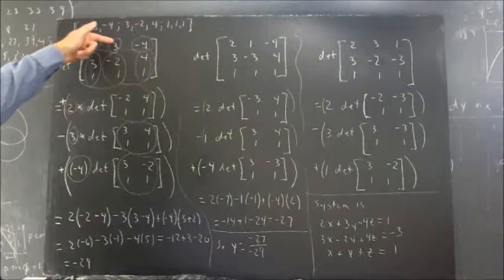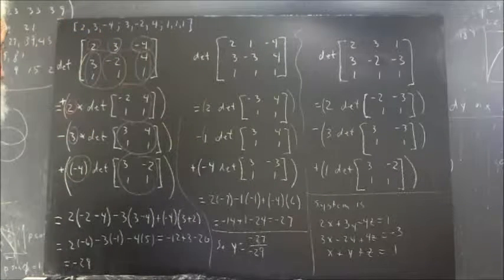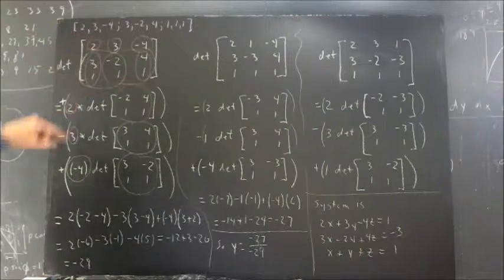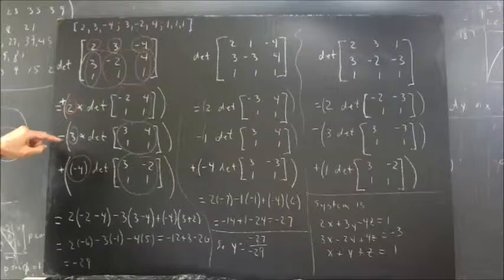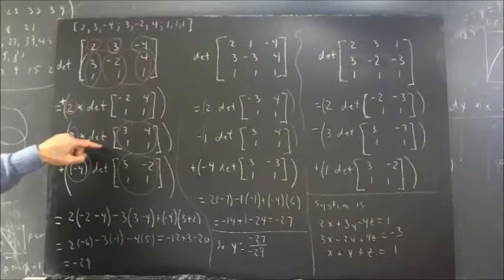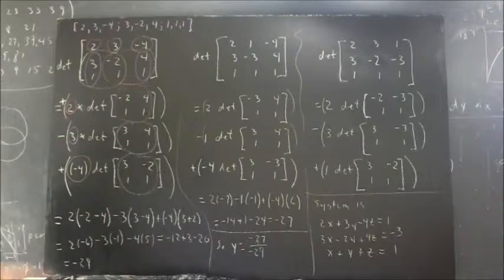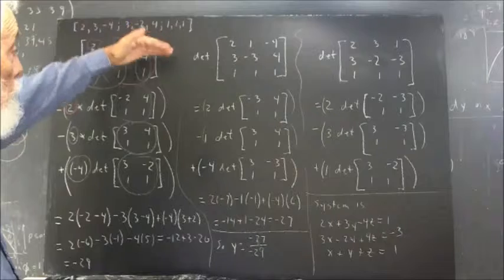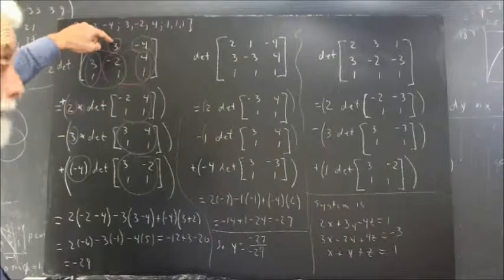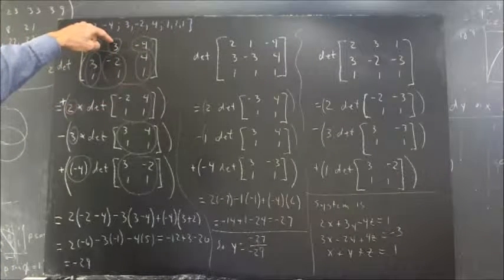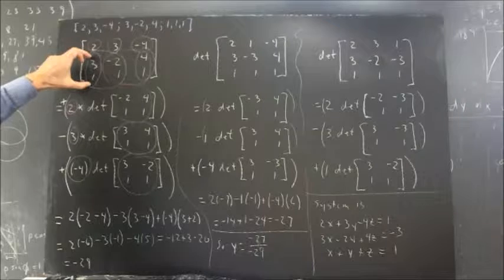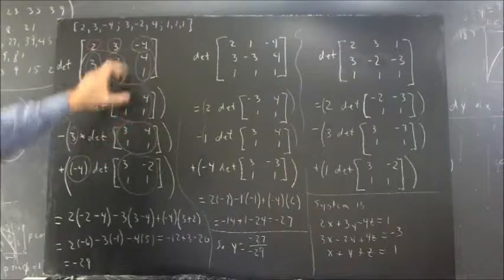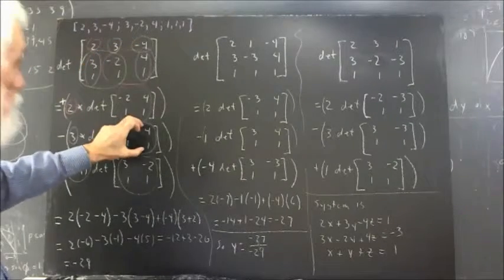Okay, the next number in the first row is 3. Now what we're going to do is subtract 3 times the determinant of this matrix. Now, how do we get this matrix? Well, we again eliminate the row and the column of the 3. That leaves us this column of 2, which goes here, and this column, which goes here.